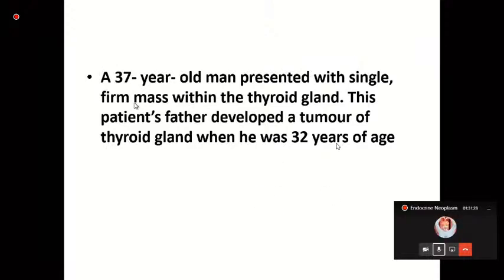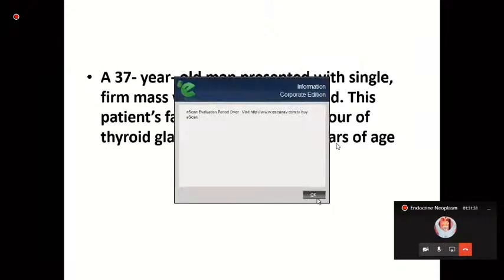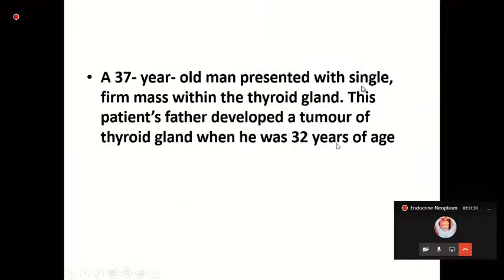Yes. Okay. A 37-year-old man presents with a single solid mass within the thyroid gland. This patient's father developed a tumor of the thyroid gland when he was 32 years of age. Okay, when we say there is father development, it indicates what? Family history, right?